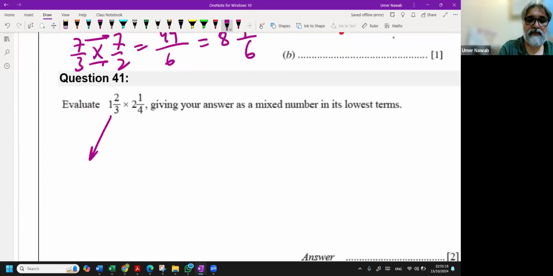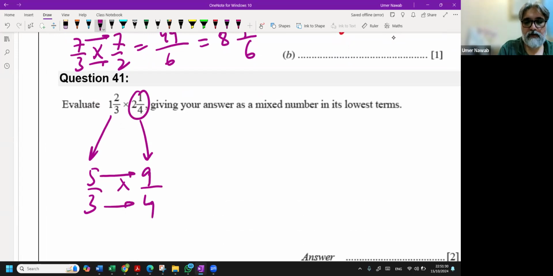Next, this will be converted into 5 over 3, then times this, which will become 9 over 4. Okay, and you can multiply them parallel. So 45, 3 times 4 is 12.